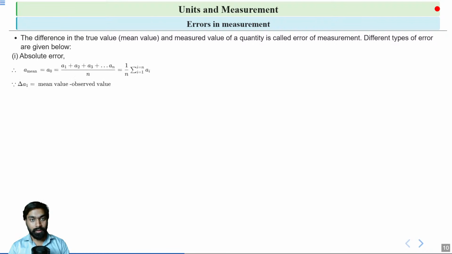Here delta a1 is equal to mean value minus observed value, so delta a1 is equal to a naught minus a1, where a1 is the observed value. Similarly, delta a2 is equal to a naught minus a2. And delta an is equal to a naught minus an. Here the observed value is an and the mean value is a naught.